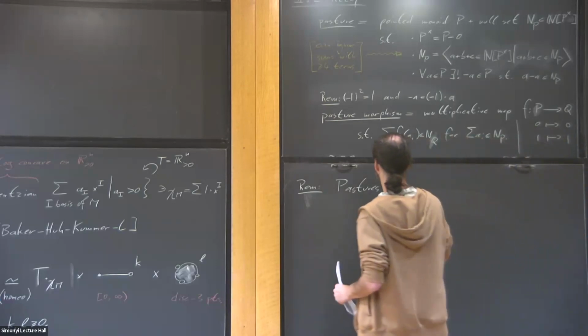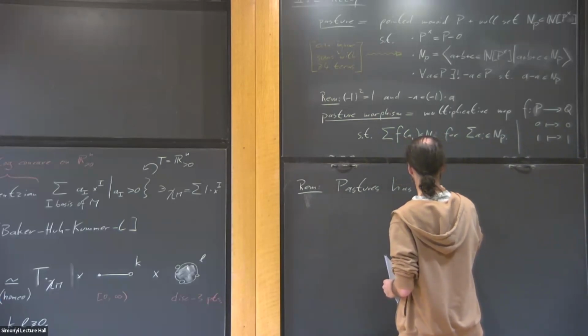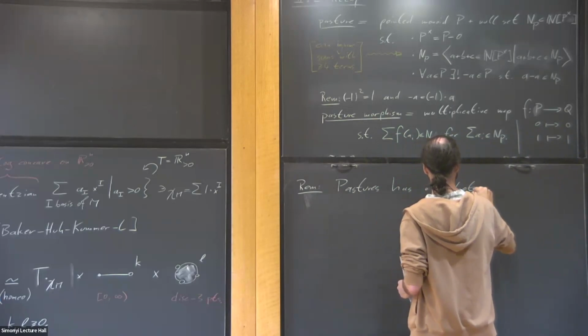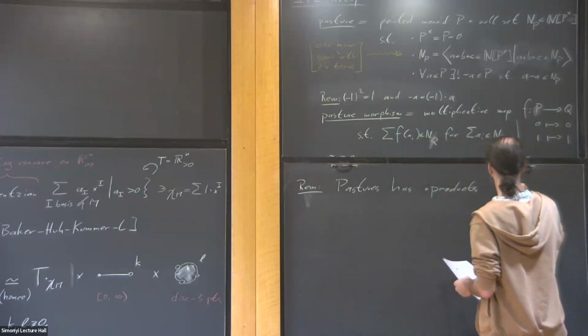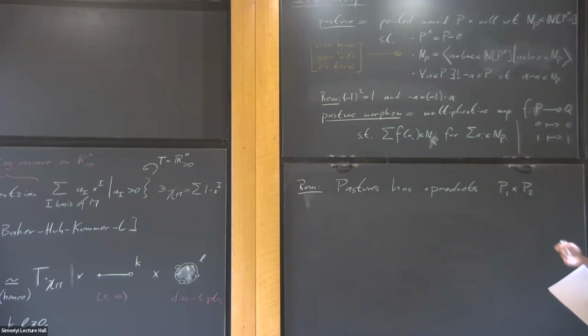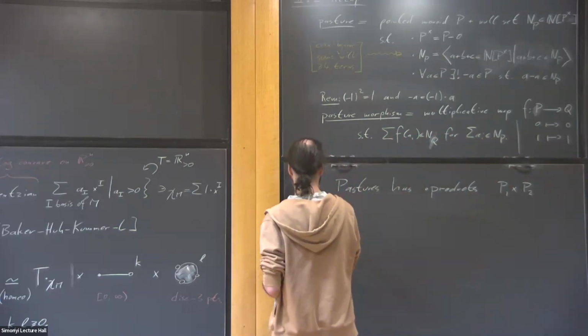In particular, it has products of two pastures. Product is just product in the category sense. It also has coproducts.